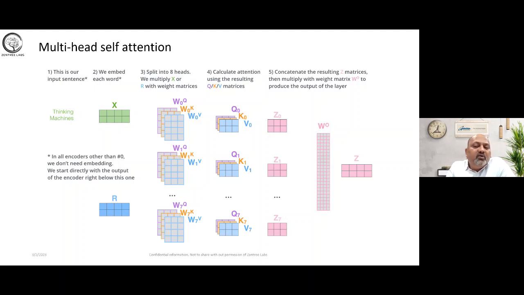This WO, which combines Z0 to Z7, is also a set of learnable parameters in the scheme. So when X is given as an input to the system, now you got a Z as an output.